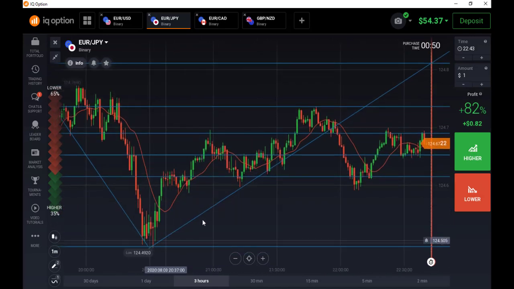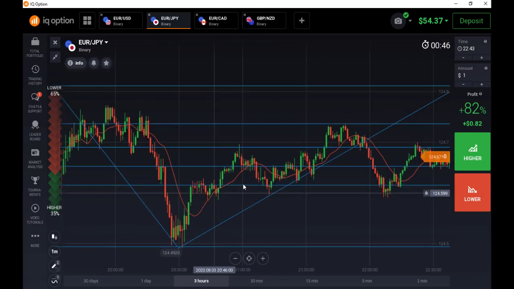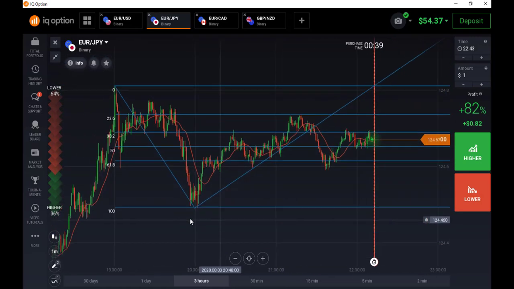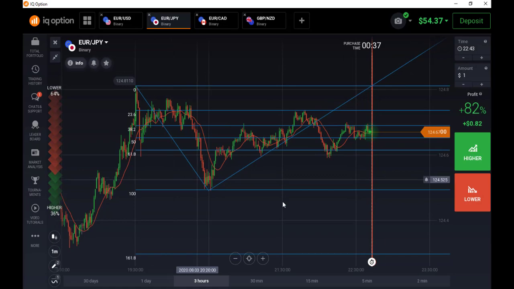So here, you can see support. And using Fibonacci lines also, you can get support.